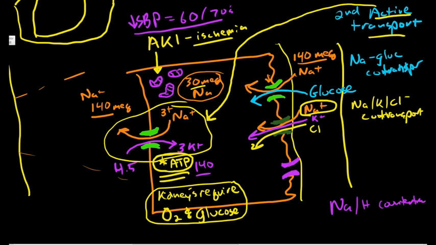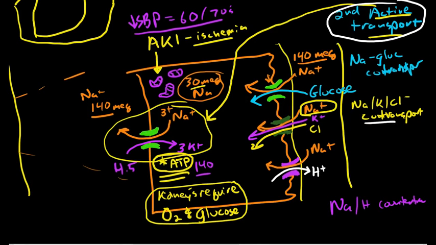And what it does is, again, it's using the passive energy or the potential energy of the concentration gradient of sodium to pull sodium in exchange for hydrogen going out. So this again is an example of secondary active transport, but instead of a cotransport, it is a countertransport.